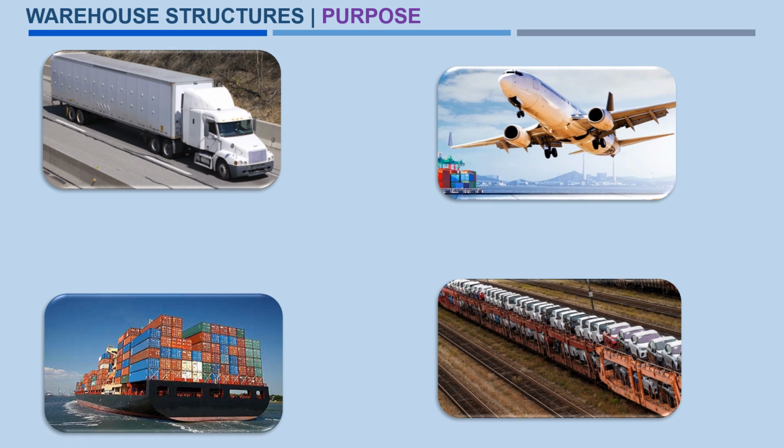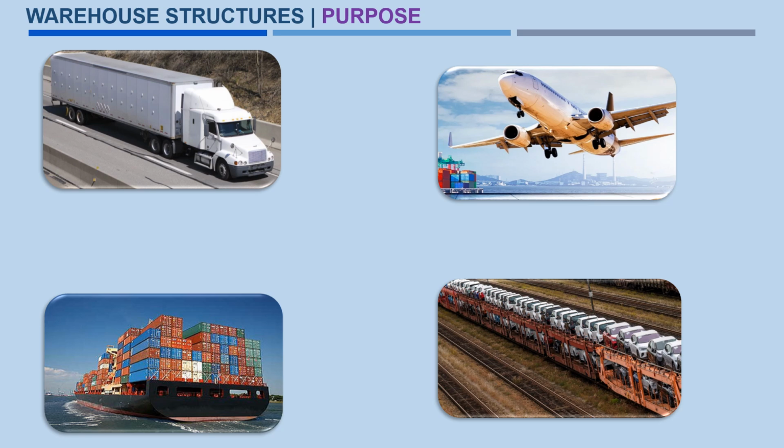So what is a transit warehouse? Here on the screen you can see the four modes of transportation: roadways, railways, seaways or waterways, and airways.